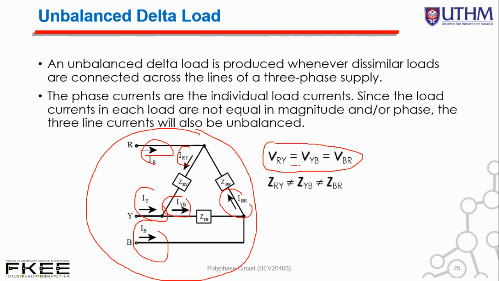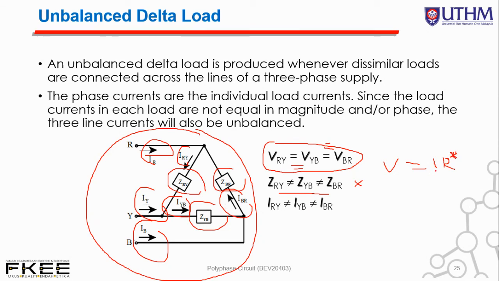This is equal, balanced, symmetrical. But when we come to the load, ZRY, ZBR, and ZYB, they are unequal, so they are unbalanced. Therefore, by Ohm's law, when you have unbalanced impedances, that makes the current also unbalanced.